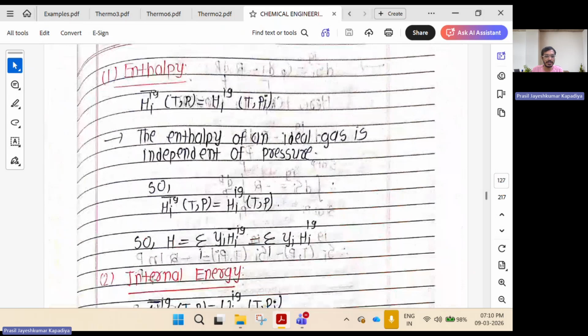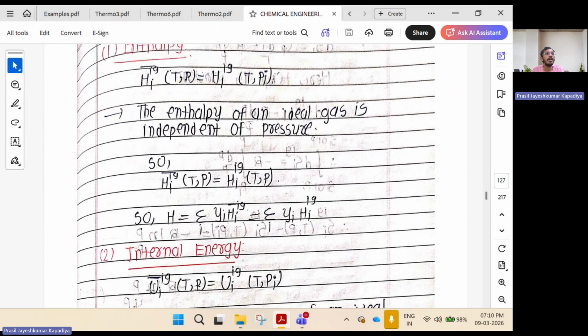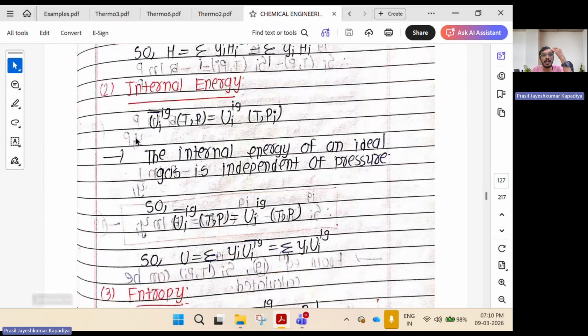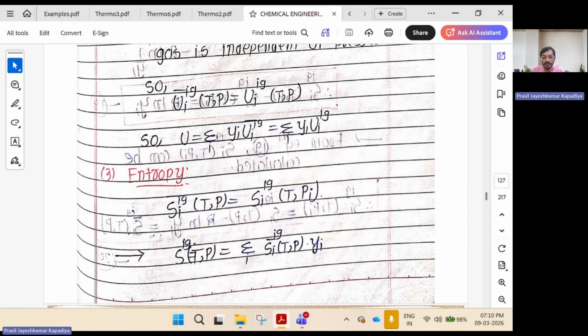Then we derived the equation for enthalpy. So partial molar enthalpy is equal to molar enthalpy only for an ideal gas because enthalpy is independent of pressure. Similarly, partial molar internal energy is equal to molar internal energy because internal energy is independent of pressure.